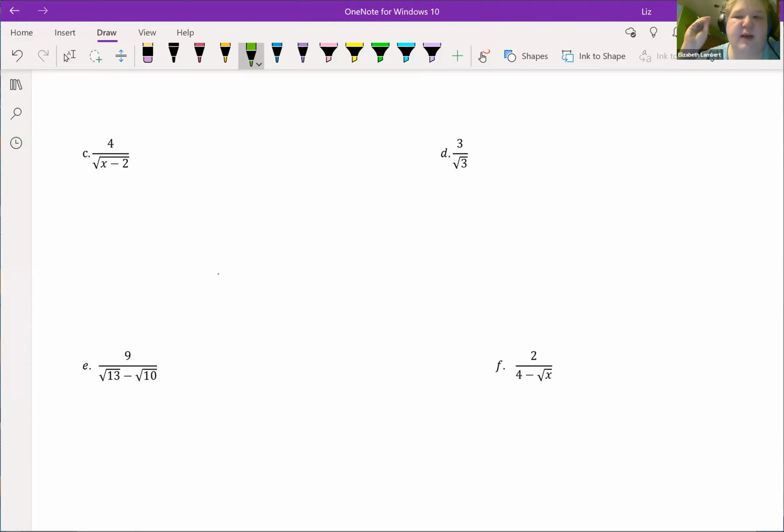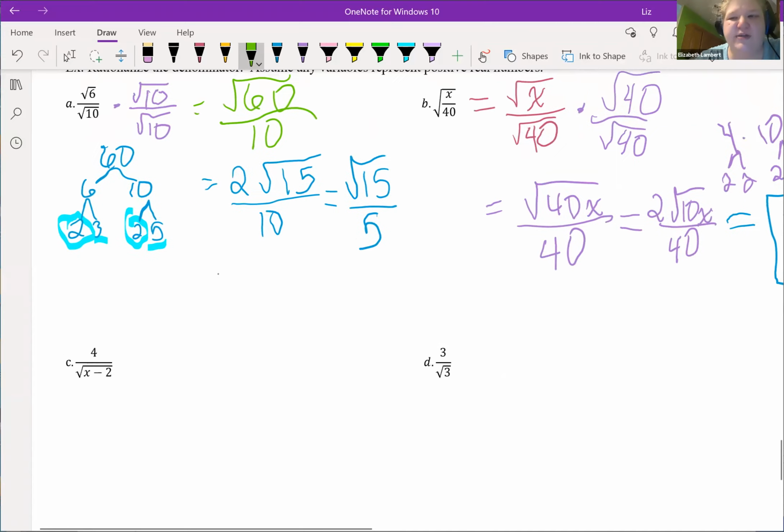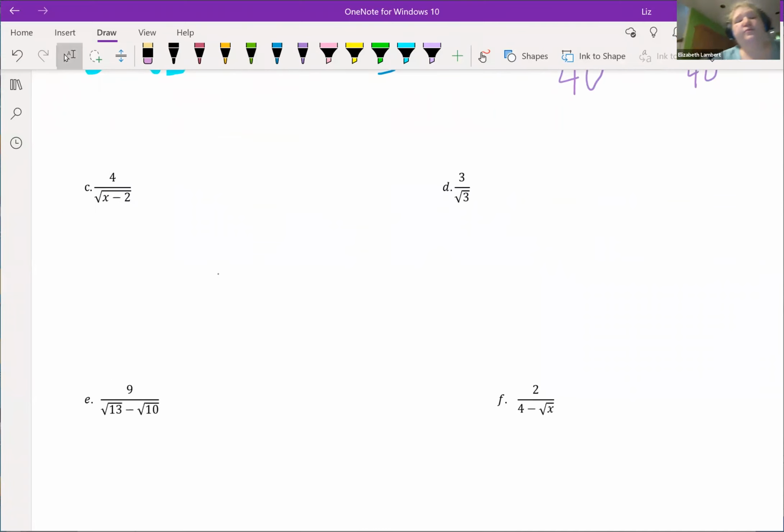So we are going to multiply by that radical the same way we just multiplied by the square root of 40 and the square root of 10. All right, so that is what we're multiplying by.